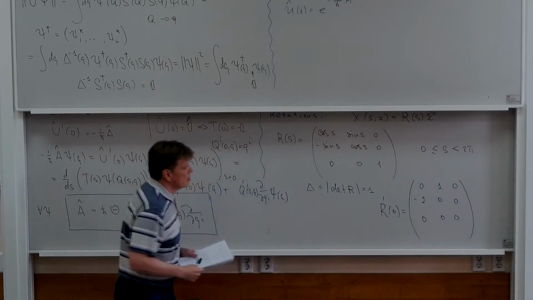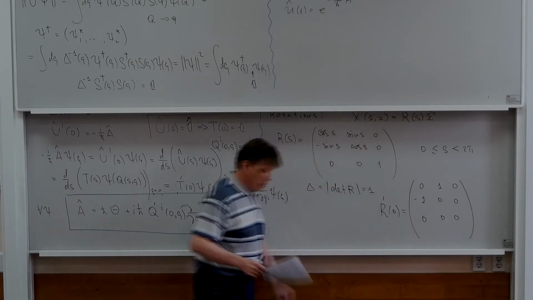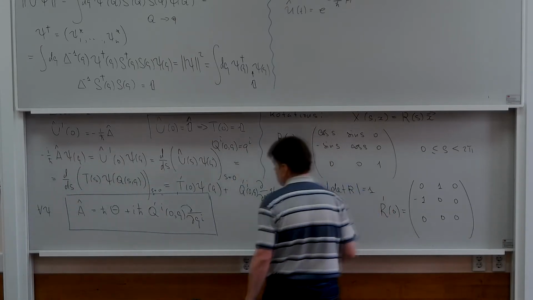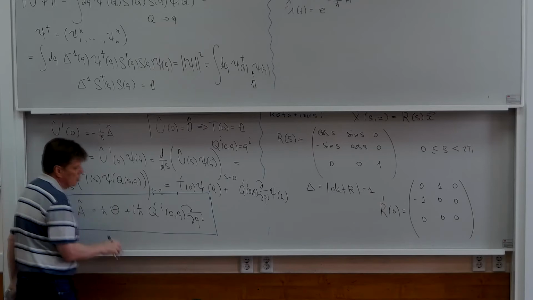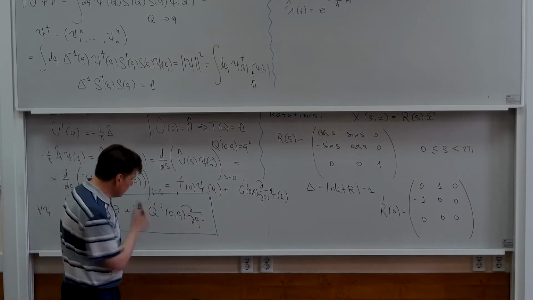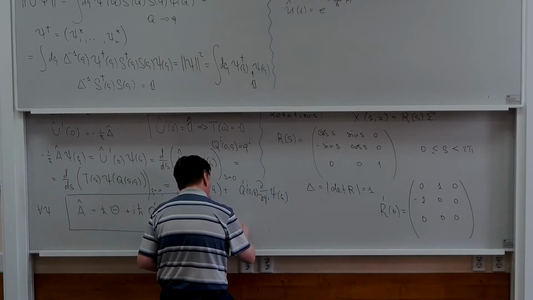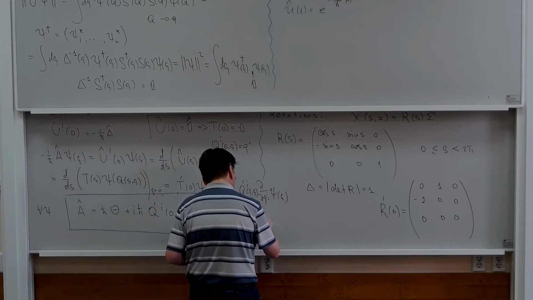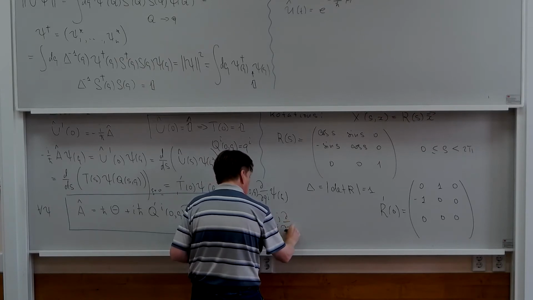So we get some anti-symmetric 3 by 3 matrix. And substituting this matrix into the general formula for the generator, again we have no theta at the moment in this differential part. We find immediately that the corresponding generator A is given by the definition x i, R prime ij, d/dxj.